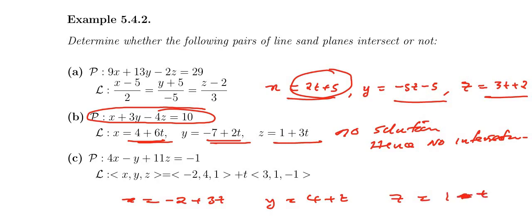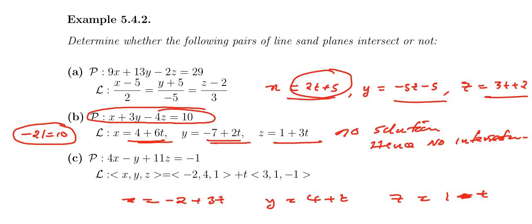Again, do the same for part C. If you substitute these into the plane and try to simplify, you'll notice there's no solution because the numbers you get are totally different and don't make sense. You get something like negative 21 equal to 10, so there's no intersection.